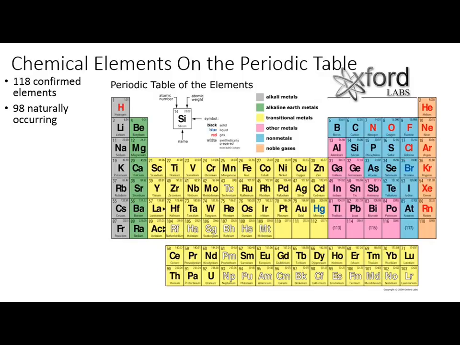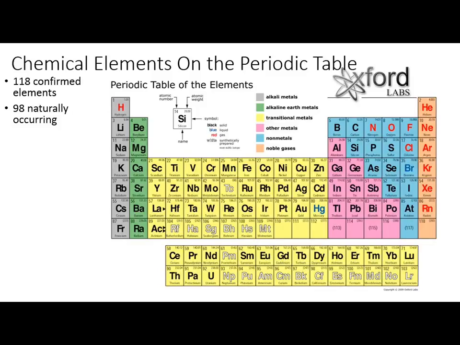They're unstable to the point that, however long our solar system has been in existence, about 4.6 billion years, they have broken apart. Maybe 2 billion years ago, we had those elements, but they have broken down. It's called radioactive decay. So there are 98 naturally occurring elements.